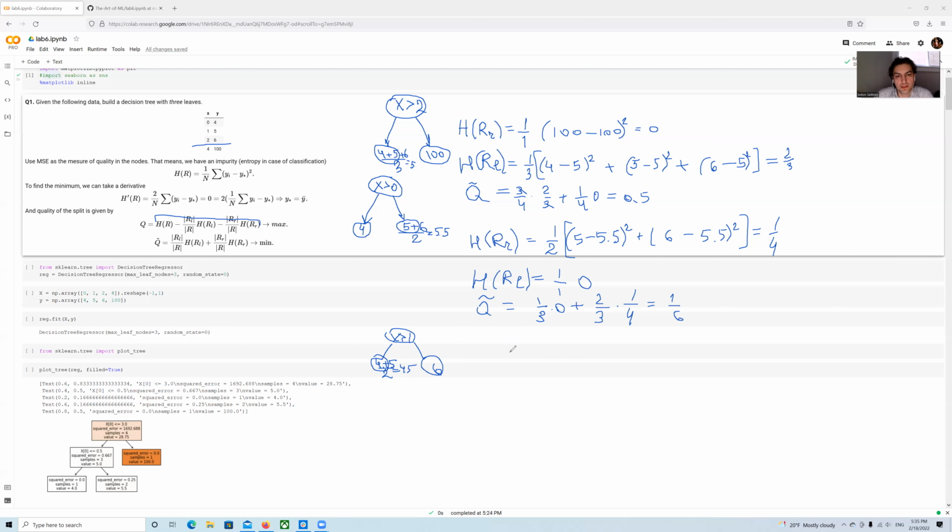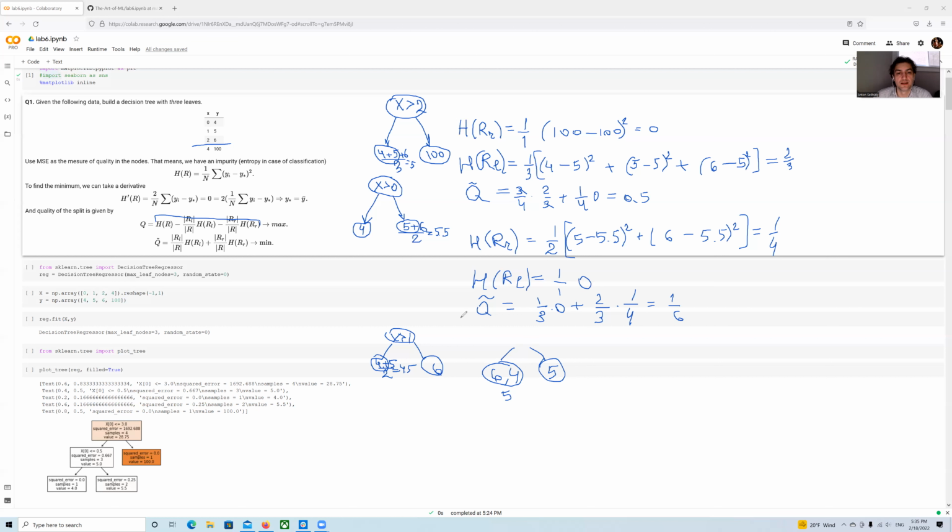But if we would split in a weird way, like 6 and 4 in one class and 5 in the other, we would get a mean value 5. And this would be the worst case, because the impurity would be 4 minus 5, 1, and 6 minus 5, 1.